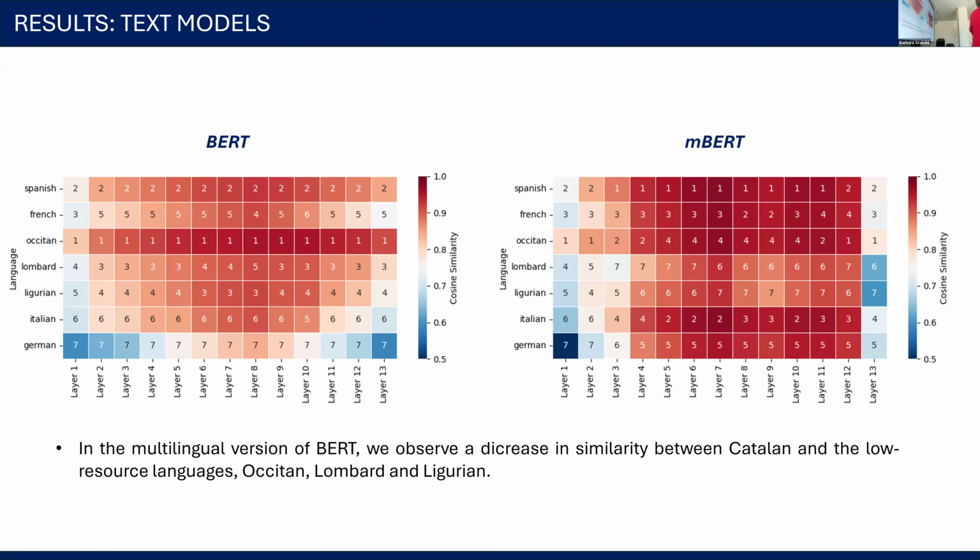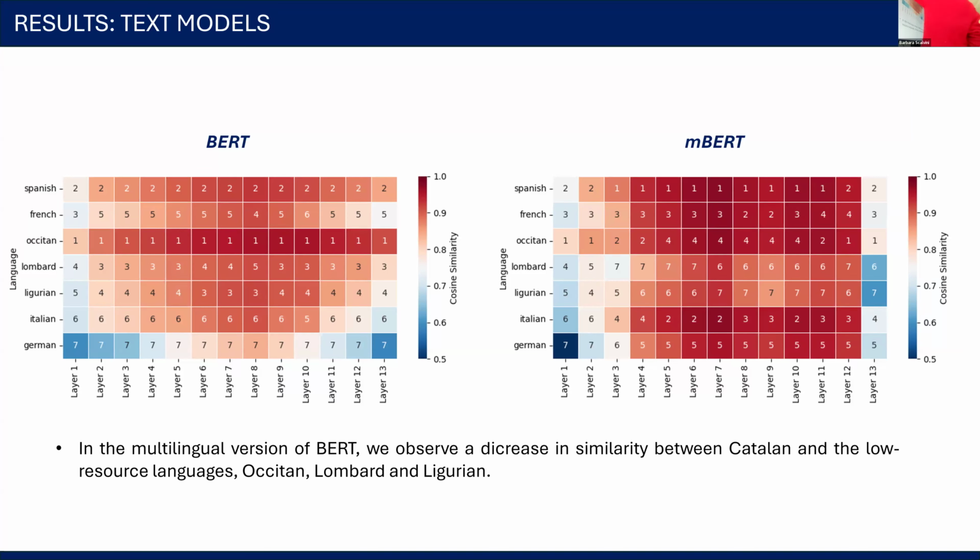So let's look at what we find, basically, by extracting these representations and ranking them in the models. This is from the BERT models. We have English BERT and multilingual BERT. And here are the languages from our study, ranked based on which one is the closest to Catalan.